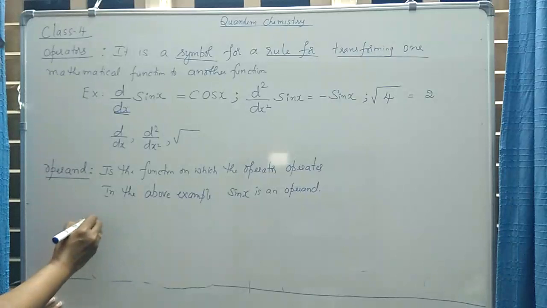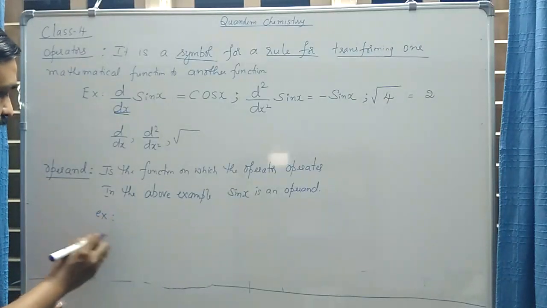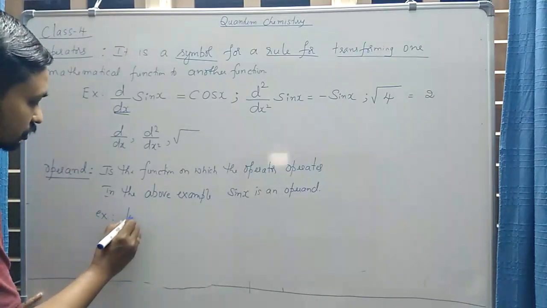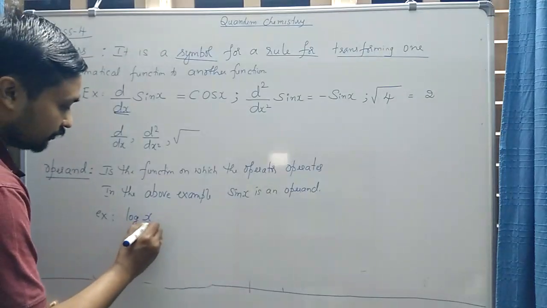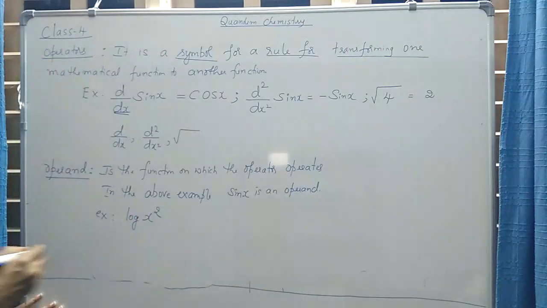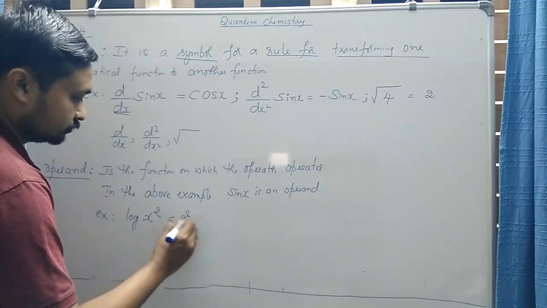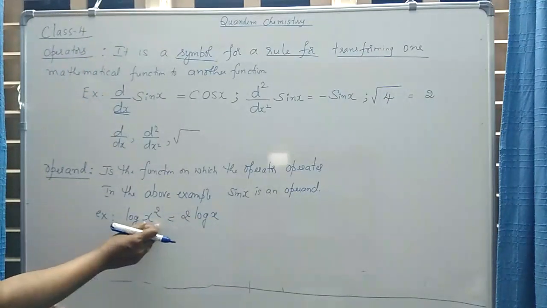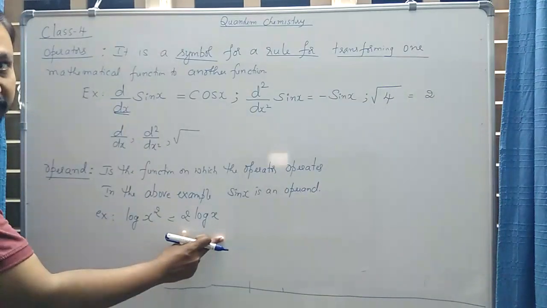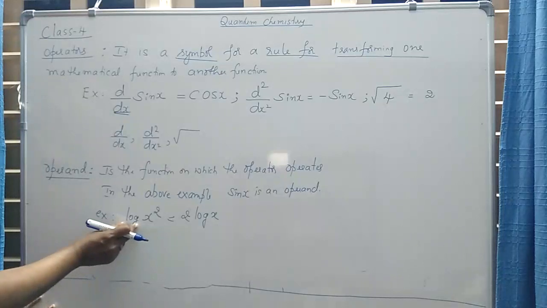I will give one more example. Log, which is an operator, of x square is equal to 2 into log x. So x square is now converted into 2 log x after application of this operator.